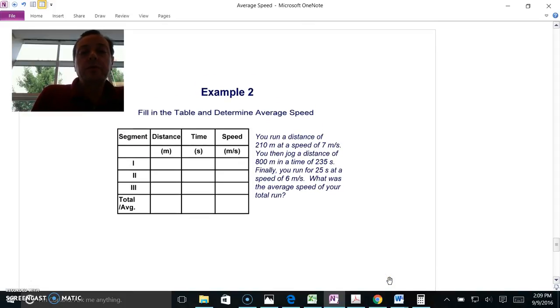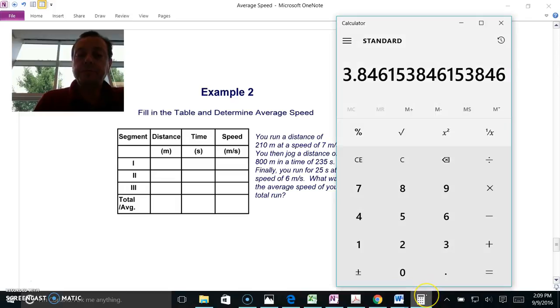Okay, fill in the table to determine average speed. You run a distance of 210 meters at 7 meters per second. So this is the first segment.